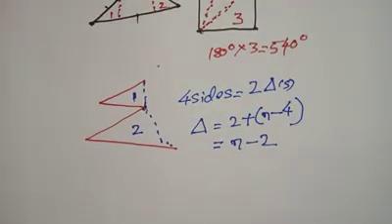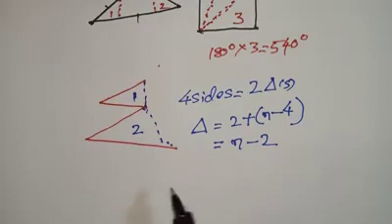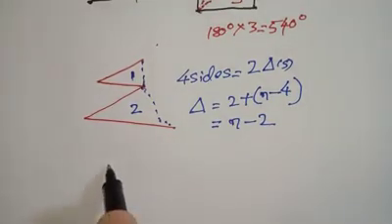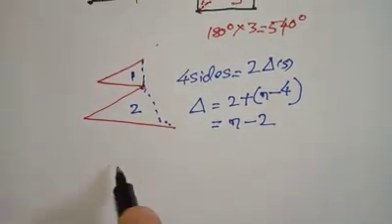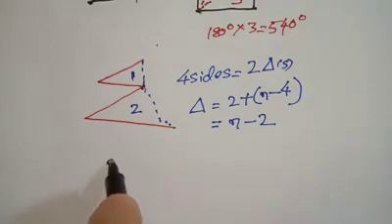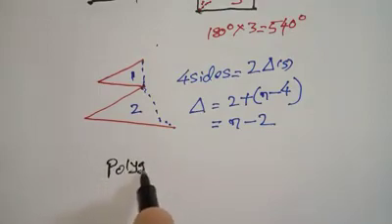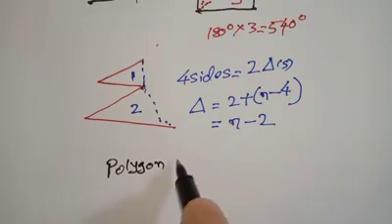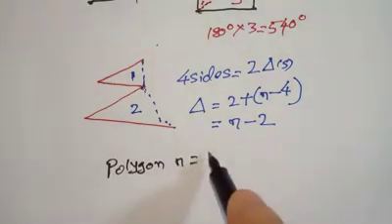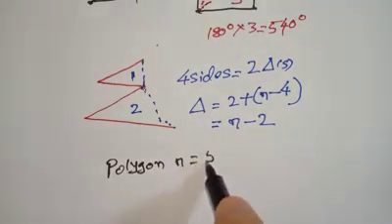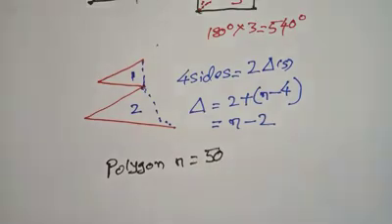That means for a polygon which has n sides, say for example we have a polygon where n equals 50, that means the number of sides is 50.